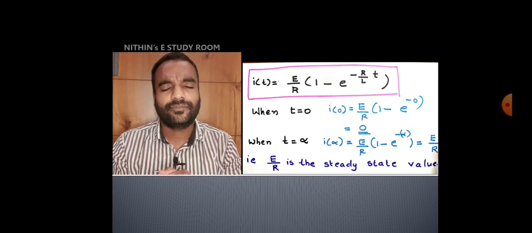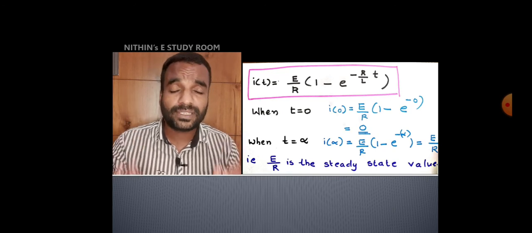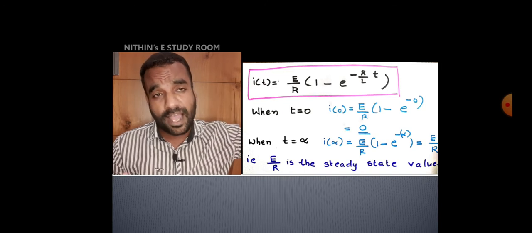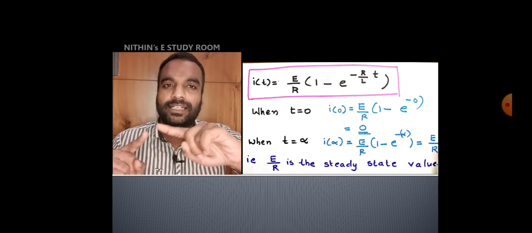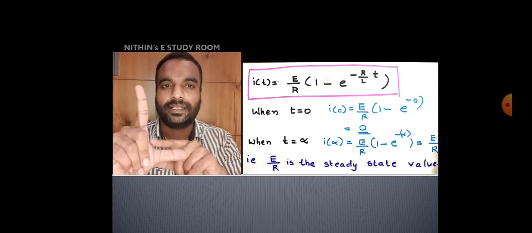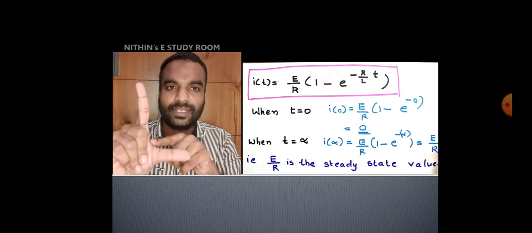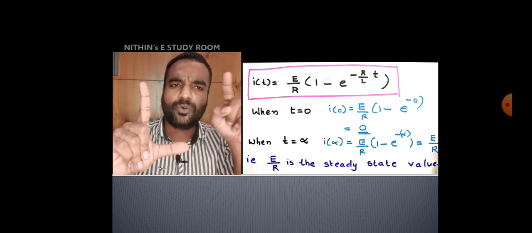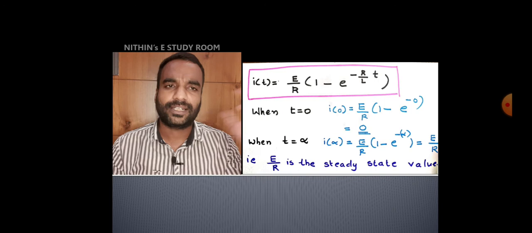Generally, we don't know when it will reach the final value, but we know that after a long time, at infinite time, the system will reach its final value slowly. This is the time axis and this is the current axis. Initial value is 0. It will go like this. Somehow after some time it will reach its final value.